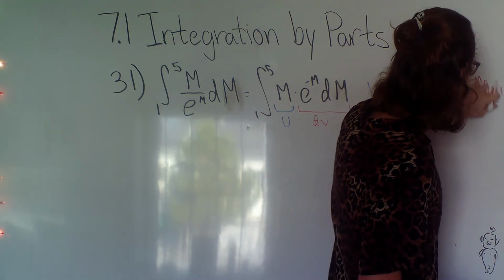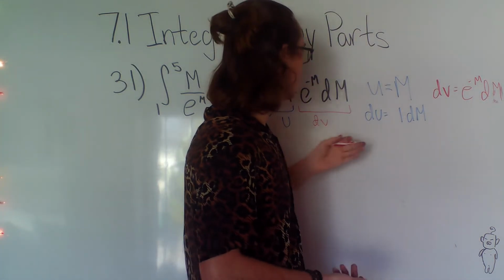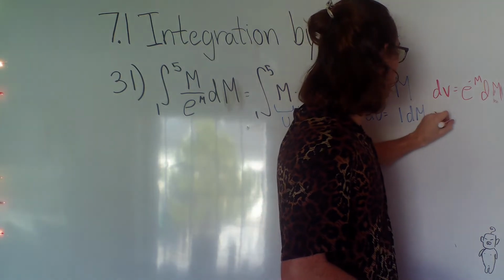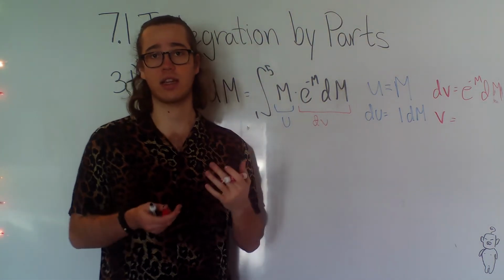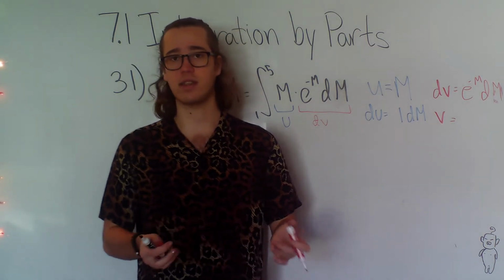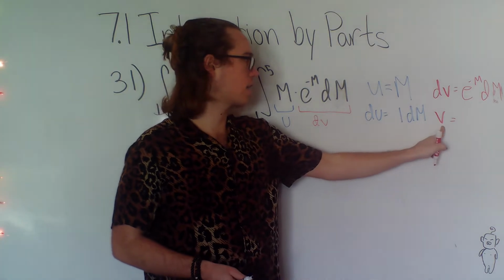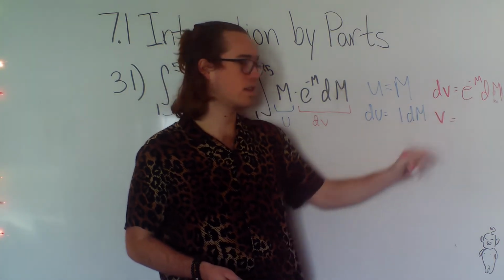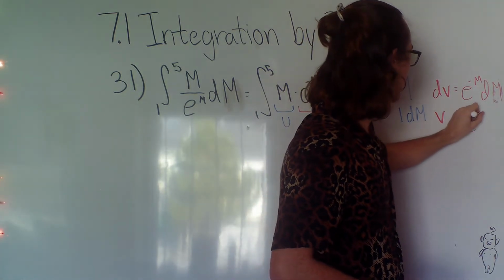It's important to have our notation correct. And then we say, well, v. Well, what is the antiderivative of e to the negative m? Well, the antiderivative of e to the m is e to the m, but we have this negative, so then the antiderivative of e to the negative m is going to be negative e to the negative m.